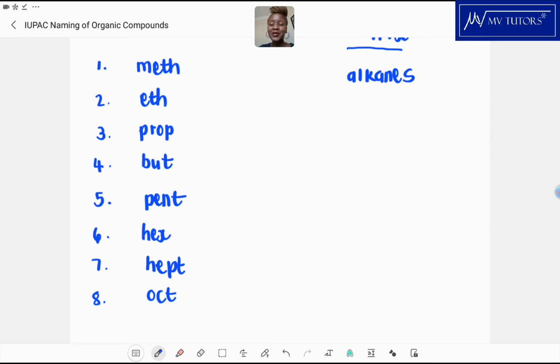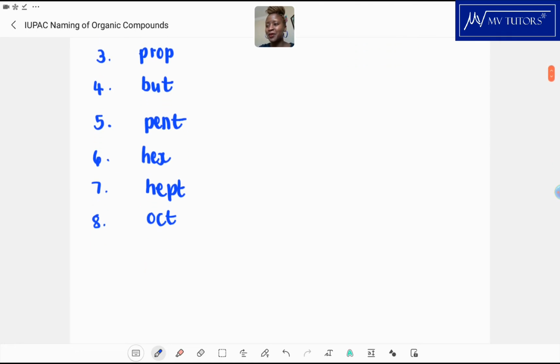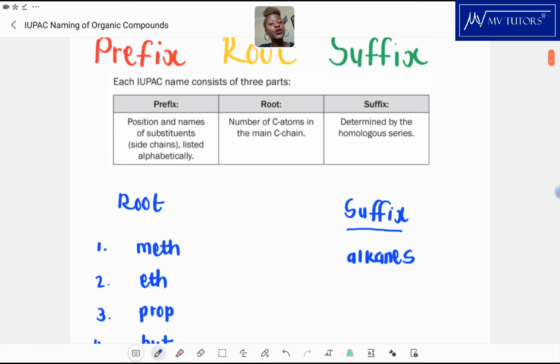The fuel there is a nice one to remember. Then nine, I'm thinking of a nonagon. What is nine again? Non. For a moment I forgot it. And then ten, thinking of a decagon, it's dec. So that is your root.